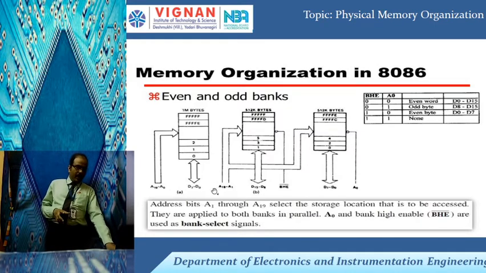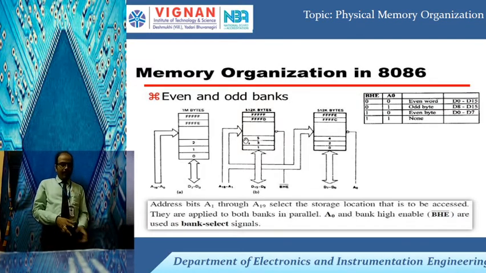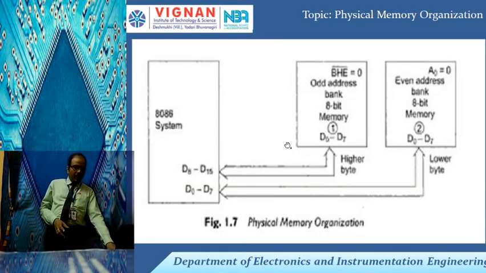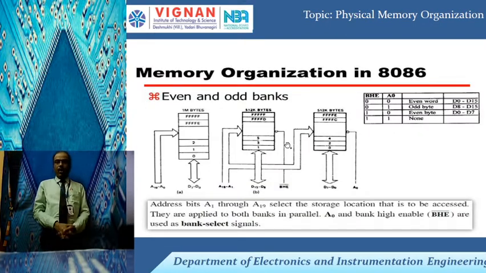Logically it is available as a single 1 megabyte, that is 00000 up to FFFFFH, addressed by A0 to A19, with 8-bit data transferred by D0 to D7. But physically it is divided into two banks, even bank and odd bank.